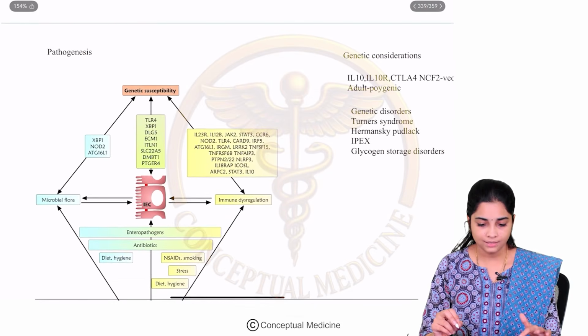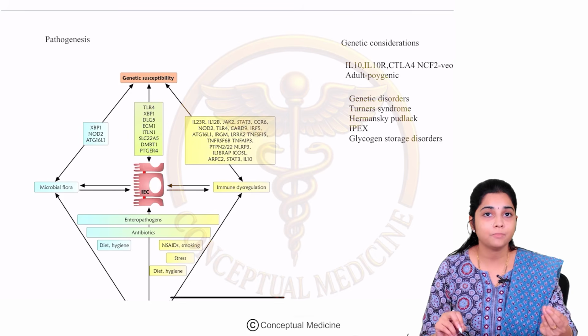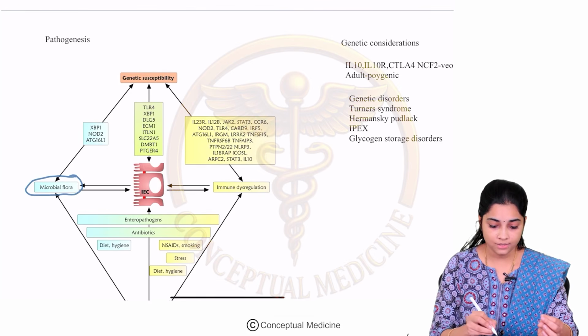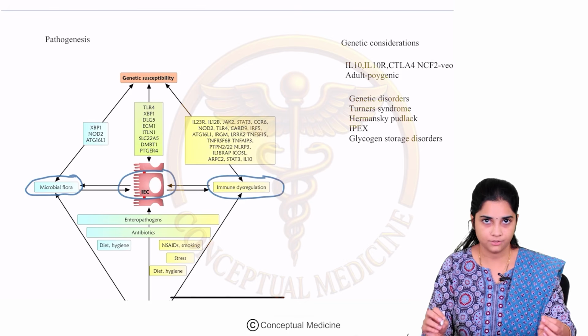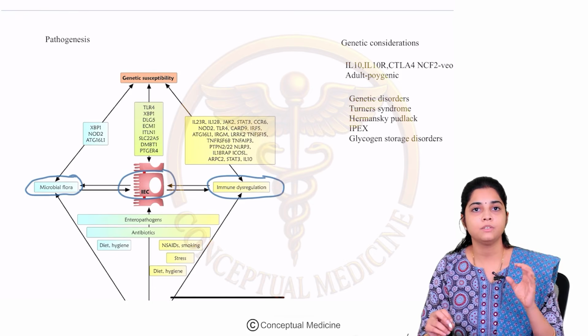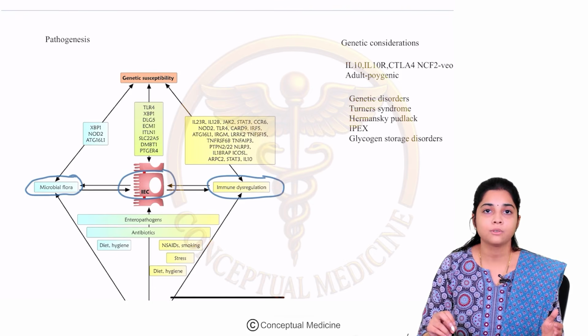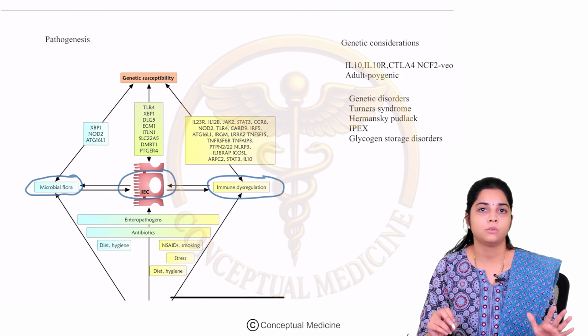Now let us understand the pathogenesis. The crux of the pathogenesis is that there is interaction between the microbial flora, the IECs, which are the intestinal epithelial cells, and some amount of immune dysregulation. The interaction between your immunity, your intestinal epithelial cells and the microbial flora is what is responsible for maintaining normal homeostasis.